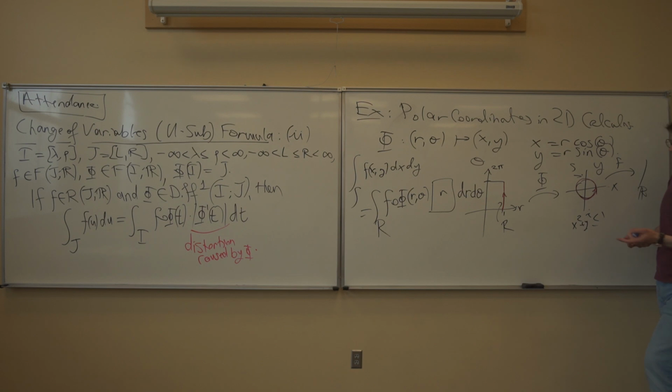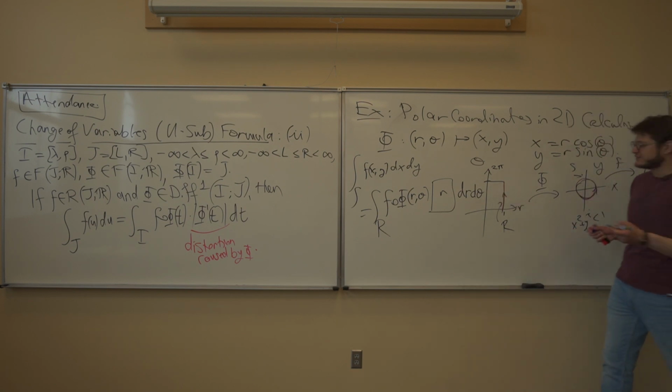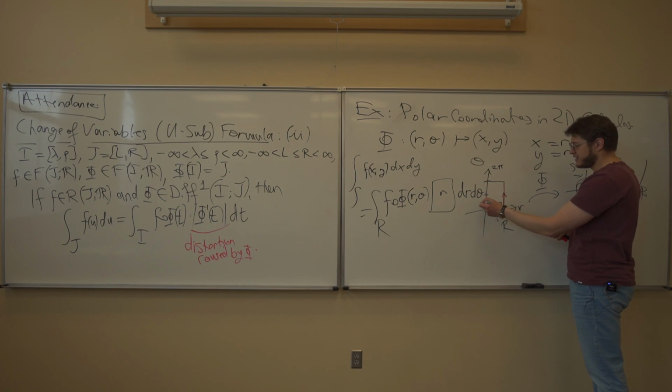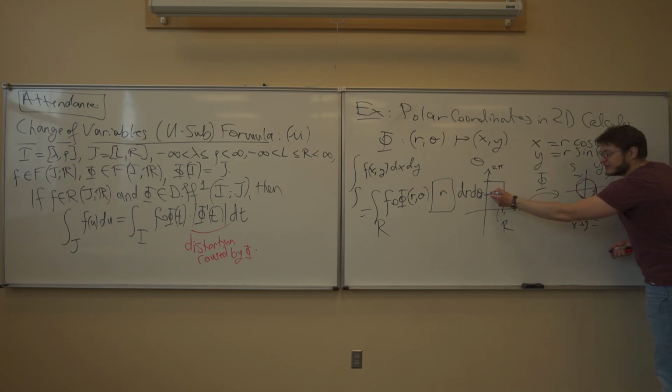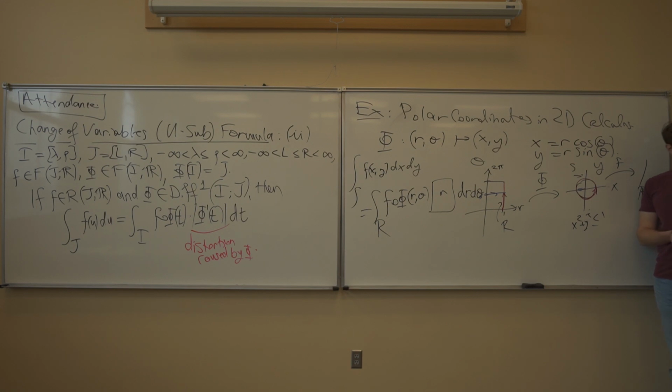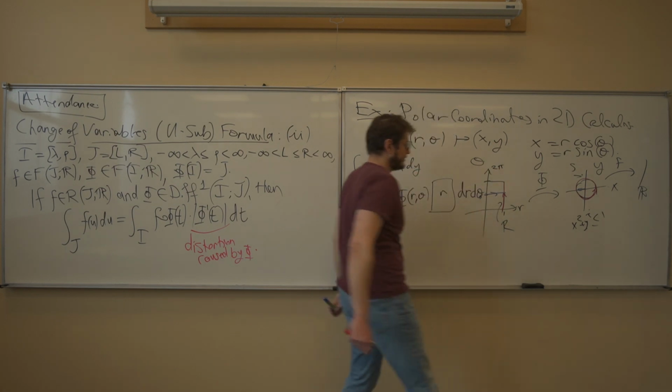Okay. And for instance, if I were to fix the angle, let's say pi here, and move this way, the angle would be fixed as pi, but I'm increasing the radius. So this line turns into this line. Okay? So you're sort of taking this thing and wrapping it around, in a sense.